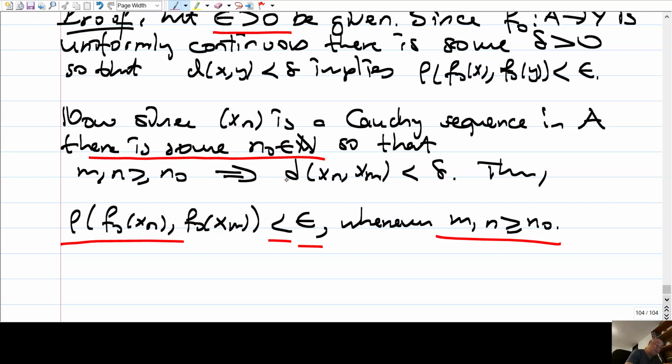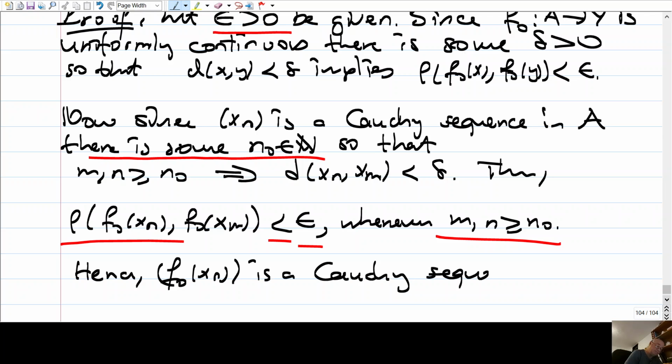Right, so we are done. Hence, f0 of xn is a Cauchy sequence in the metric space Y rho.